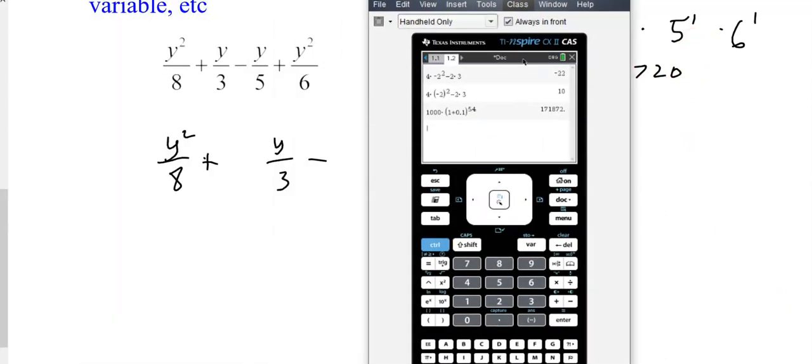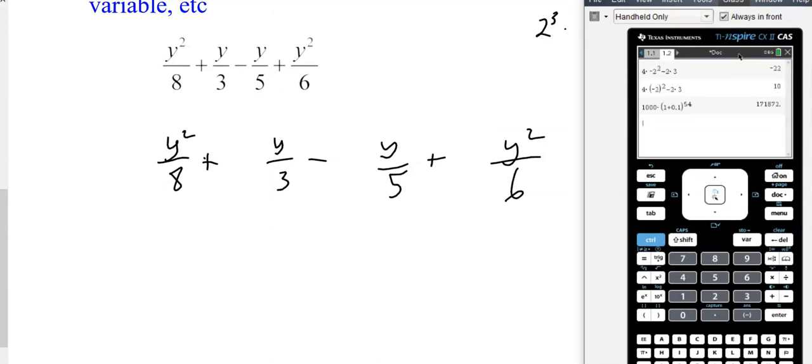So 720 divided by 8. Oops. 720 divided by 8. 720 divided by 3. 720 divided by 5. So this one we're going to multiply by 90.